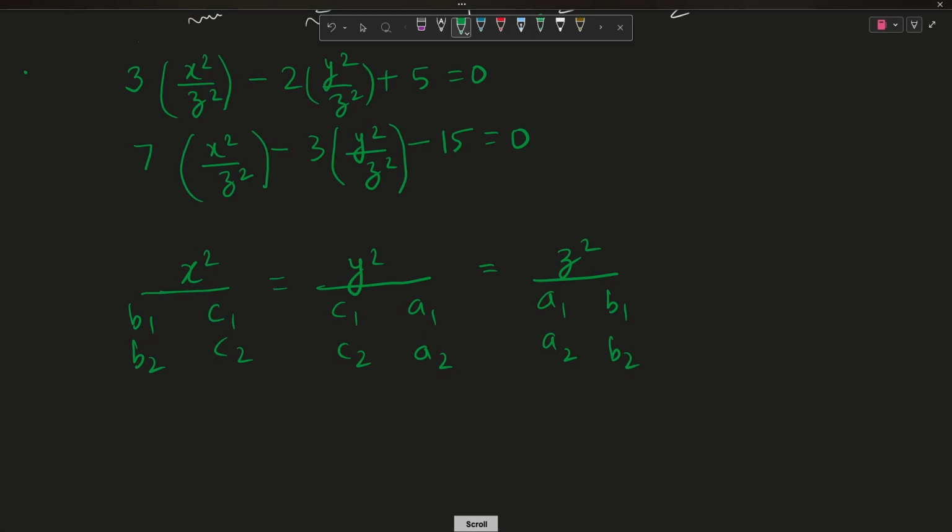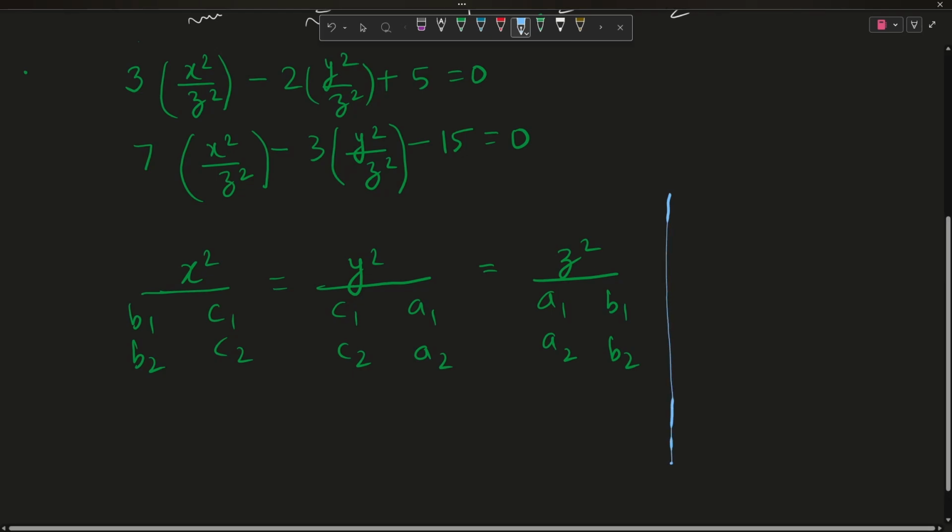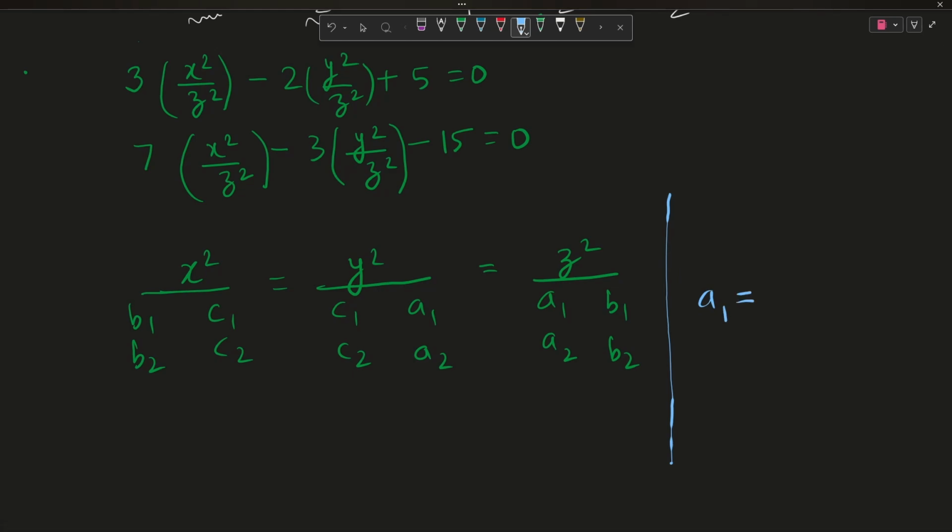Now, just putting the values, we first need to know what A1, B1, C1 and A2, B2, C2 are. So I can write A1 is 3, A2 is 7, B1 is -2, B2 is -3, C1 is 5 and C2 is -15.